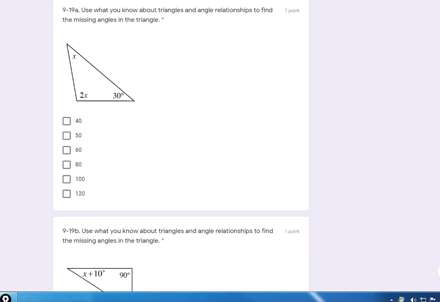Shouldn't have too many more of these. These ones are just more algebraic for you. Okay. So we know that adding these up, it's going to equal 180. So we are going to just take all of this and say it's equal to 180. So 2x plus x is 3x, plus 30. Set up your line, subtract 30 from both sides.